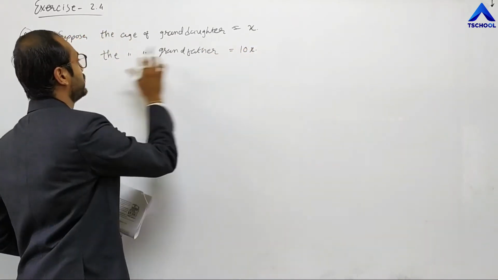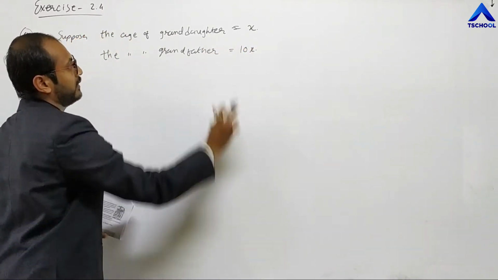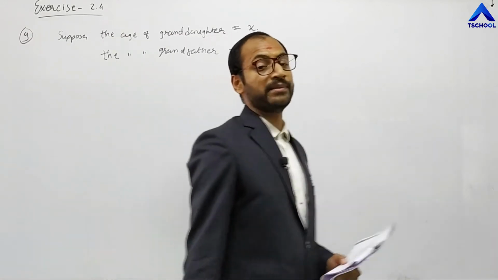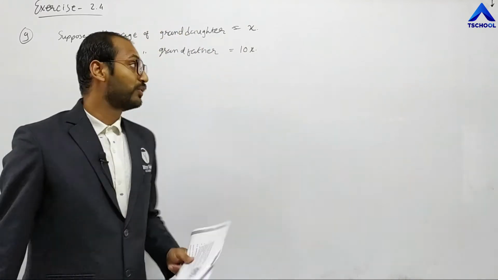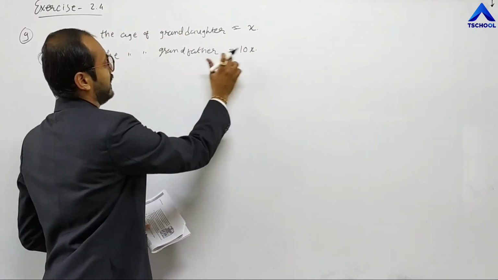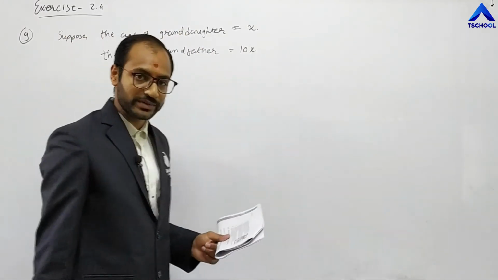Clear? Because the age of grandfather is 10 times the age of granddaughter. So we should consider that grandfather is 10x age.